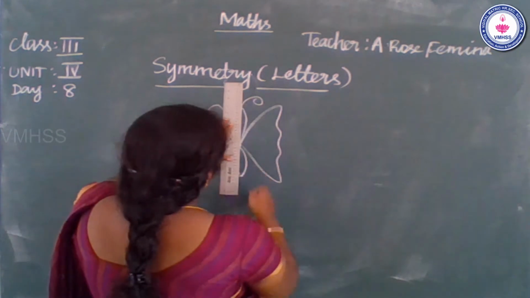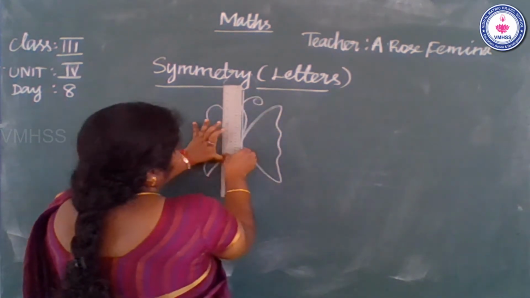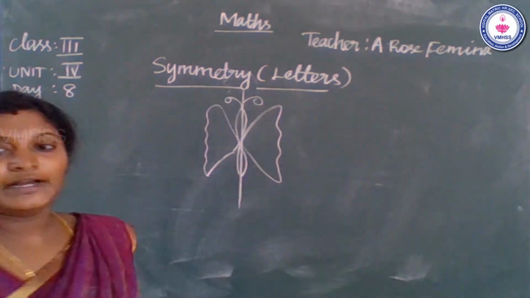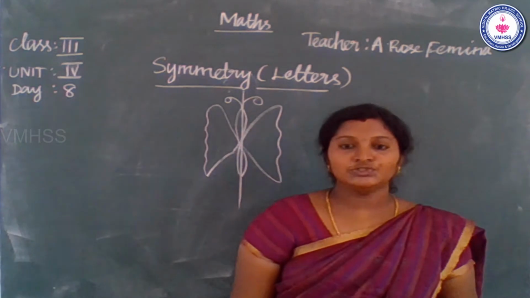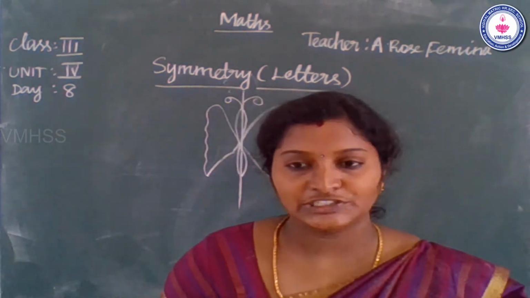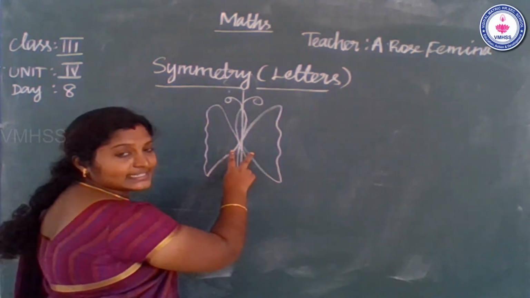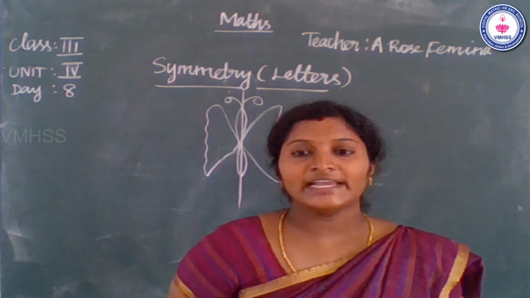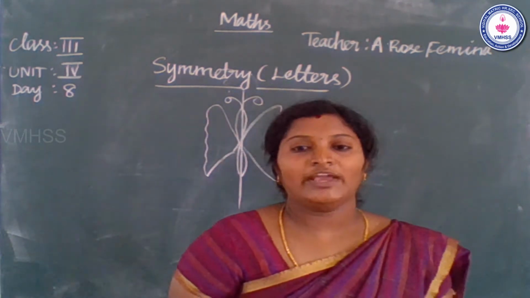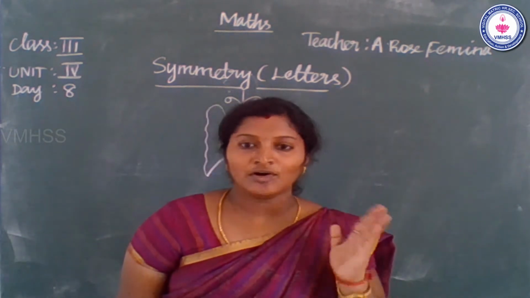A dividing line can be drawn on it to show that both sides of the shape are exactly the same. So this is symmetry. Something is symmetrical when it is the same on both sides.